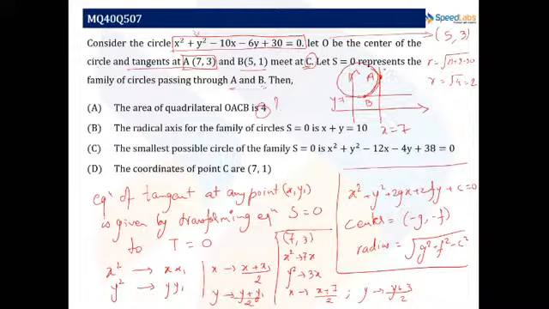See, the circle will be like this. Coordinate A will be here (7, 3) and coordinate B will be here, that is (5, 1). We need to find this for the quadrilateral O A C B.